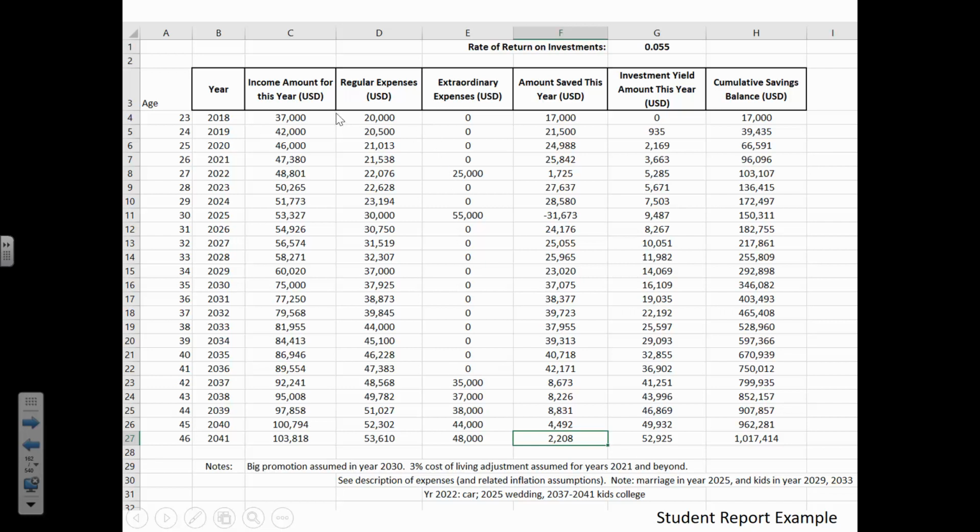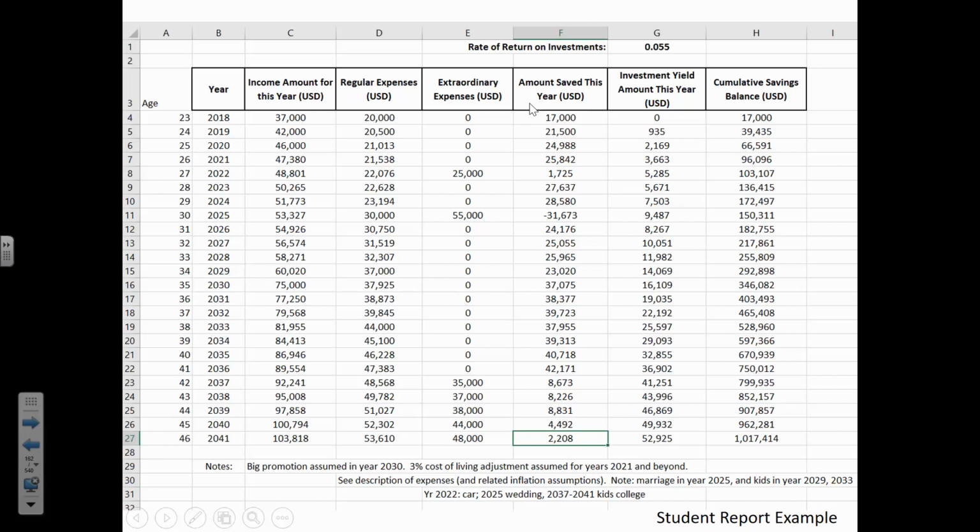These columns go along with what we've been talking about. The amount that you saved this year is the difference between the income and the expenses. For instance, $37,000 minus $20,000 is where the $17,000 comes from. That's how much new money comes in this year that you're putting into savings.